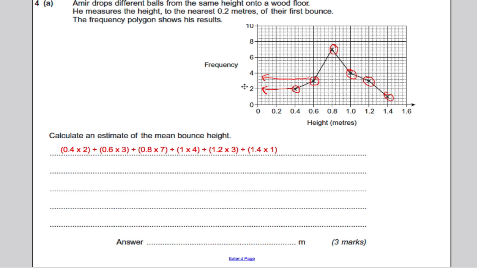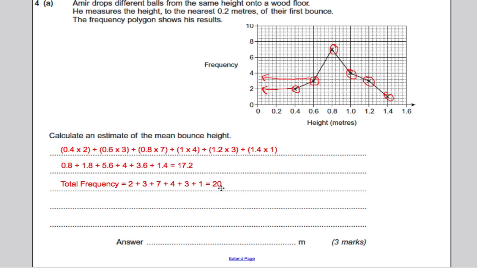So what I'm doing is 0.4 times 2, and I'm going to add that to 0.6 times 3, 0.8 times 7, and so on. So we're doing midpoint times frequency. So 0.4 times 2 is 0.8, 0.6 times 3 is 1.8, and so on. Adding them up, we get 17.2. I'm also going to need the total frequency, and I'll get that by adding the frequency for each midpoint: 2, 3, 7, 4, 5, and 1.